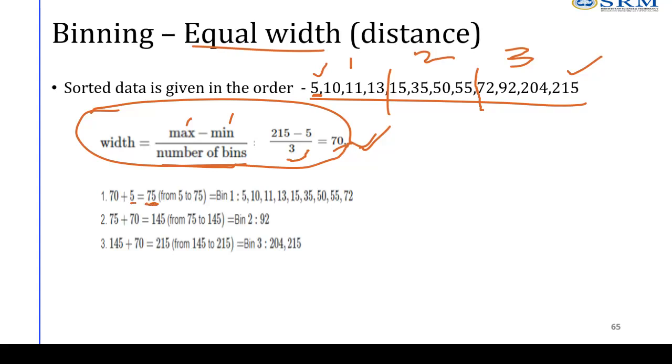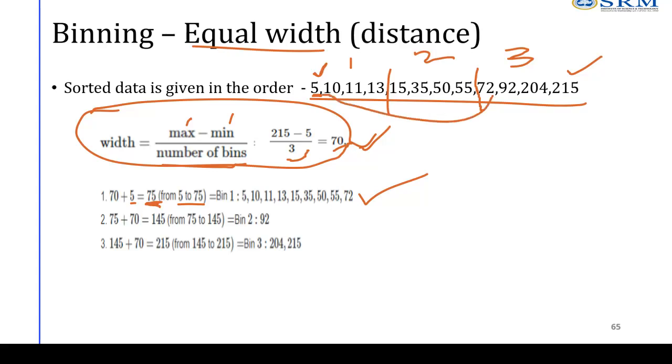So from the minimum value up to 75 falls in bin 1. What are all the values that fall from 5 to 75? 5, 10, 11, 13, 15, 35, 70, 72 and 75.